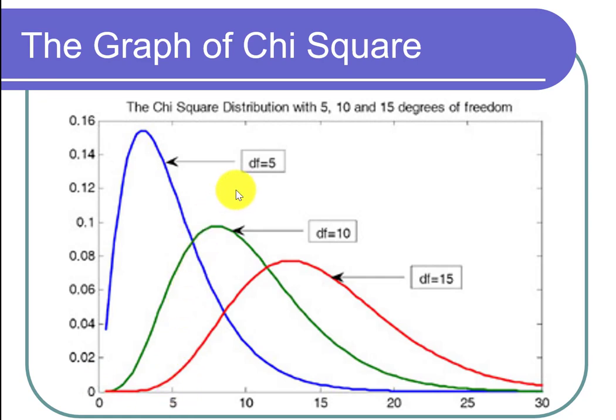There's degrees of freedom, and for each degrees of freedom, there's a different graph. Notice if the degrees of freedom are pretty low, this is a very skewed right distribution. Whereas if it is a much higher degree of freedom, then it's not quite as skewed right. It's a little bit more normal looking.